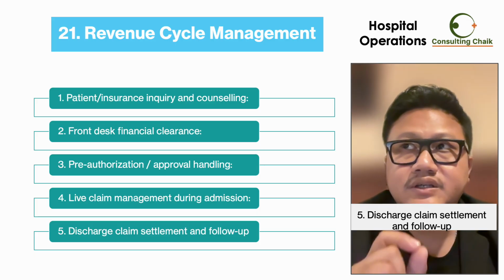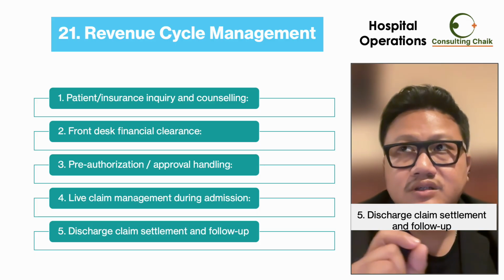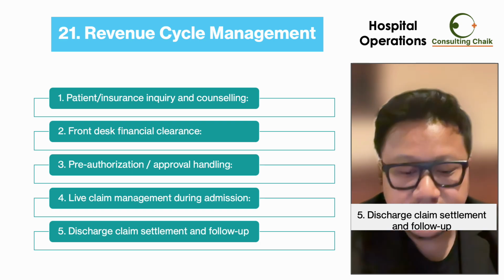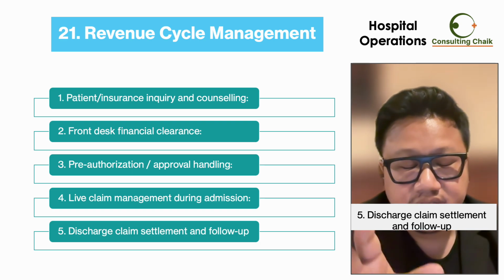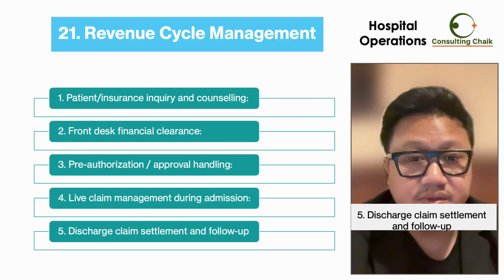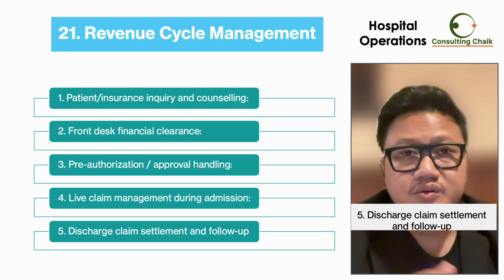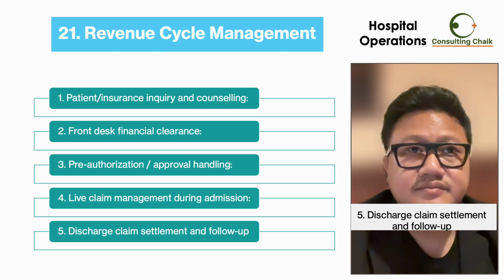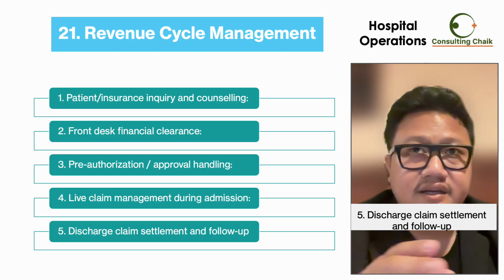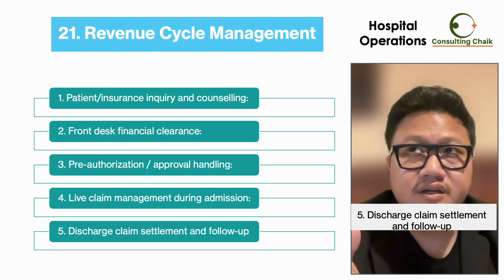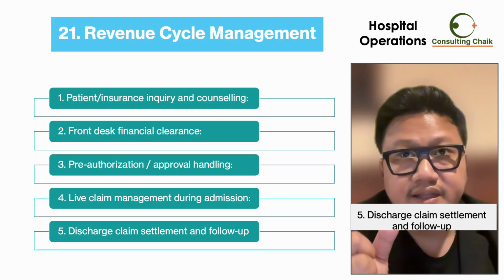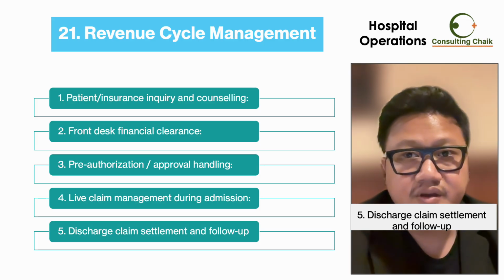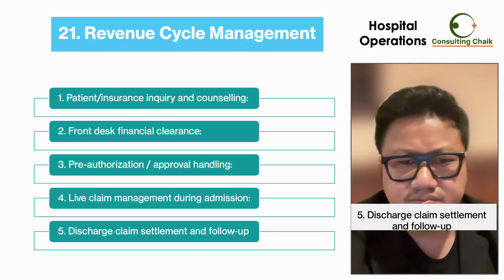Once the doctor calls for discharge, the patient's last documents, the discharge summary, everything goes to the insurance company, and then they again see everything, and the approved amount that they had said, they reduce that further because of a lot of things.